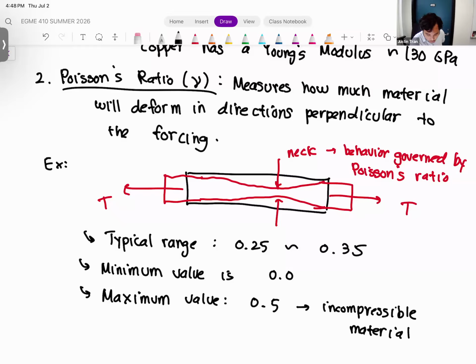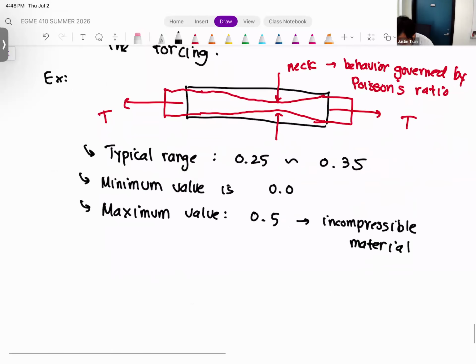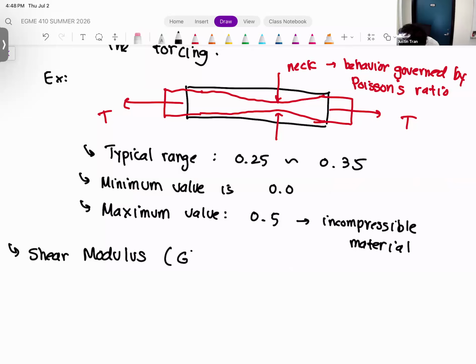So there is a third property called the shear modulus, which, as you can guess, is a measure of how much your material can resist shear strain and shear deformation. The shear modulus is given by the symbol G typically.